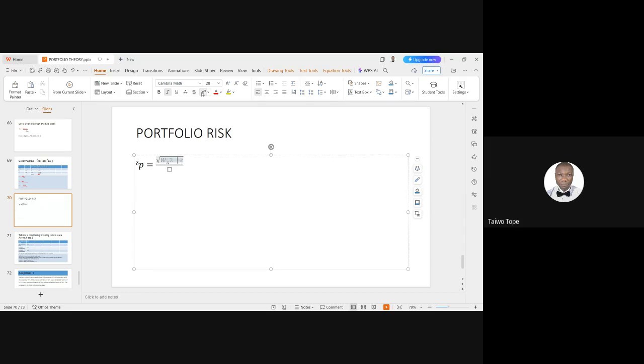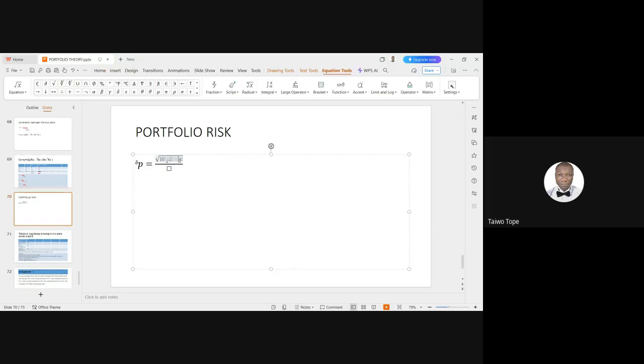By the standard deviation of security X. Square of the standard deviation of security X. What will happen to it? You square it.